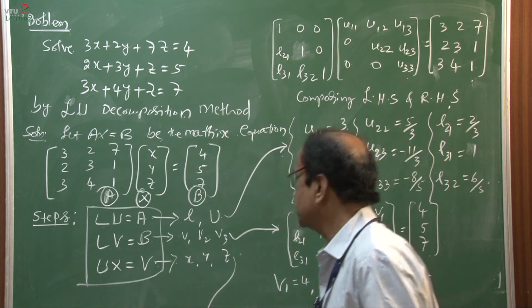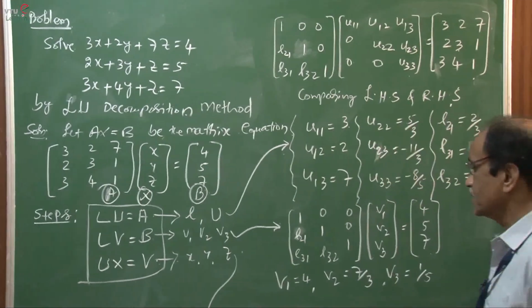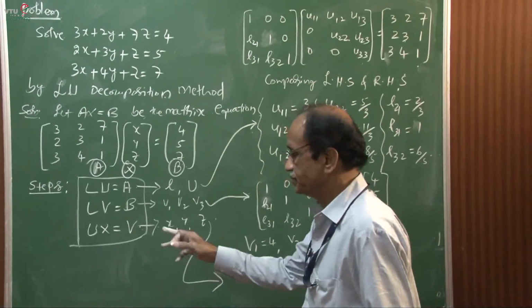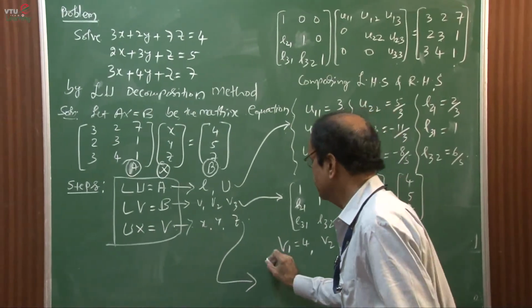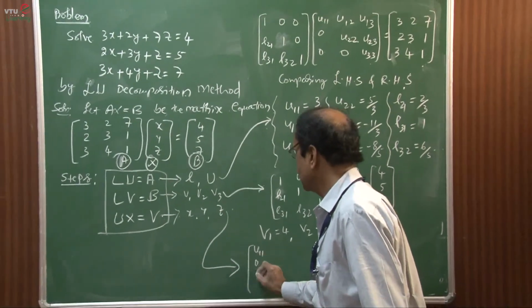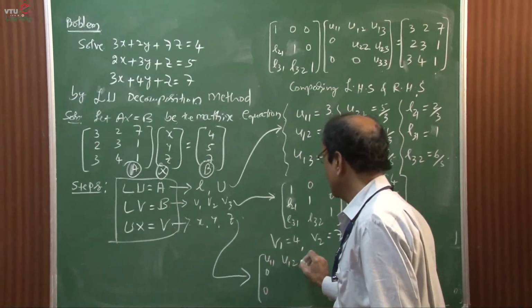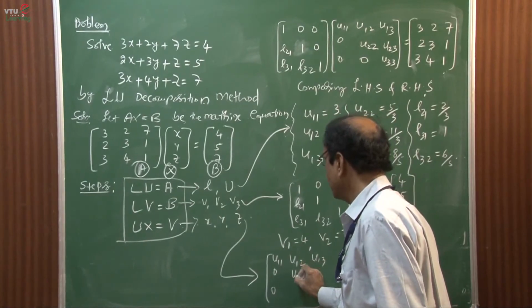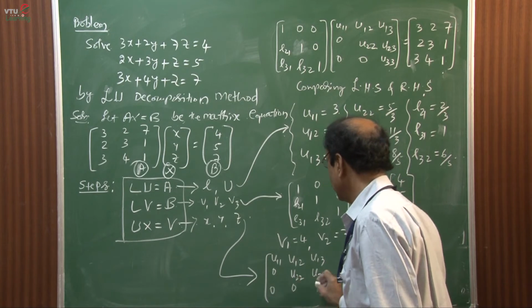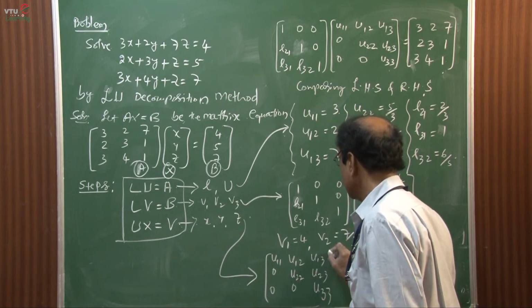Now I will write the last one, that is Ux equal to V. Ux equal to V means what? Upper triangular means U11 U12 U13, 0 U22 U23, 0 0 U33.